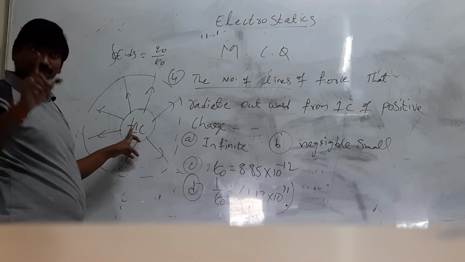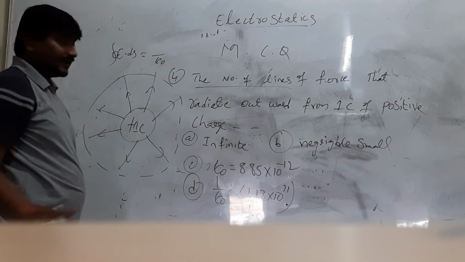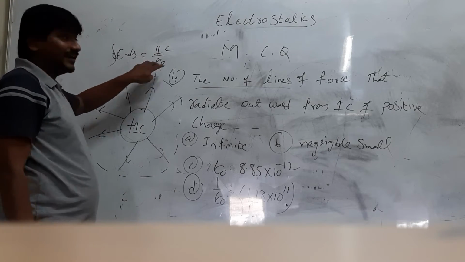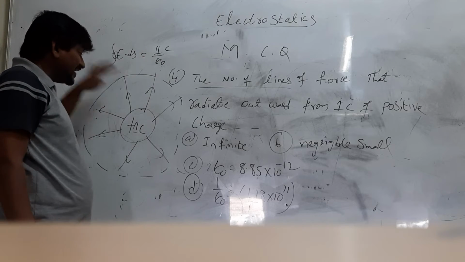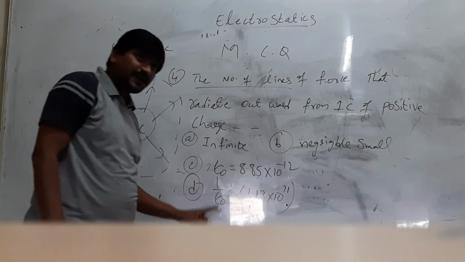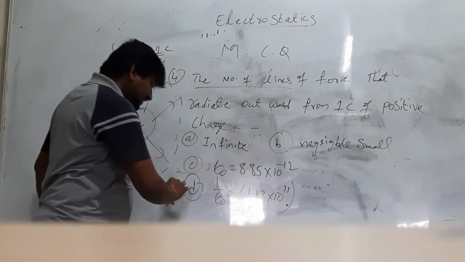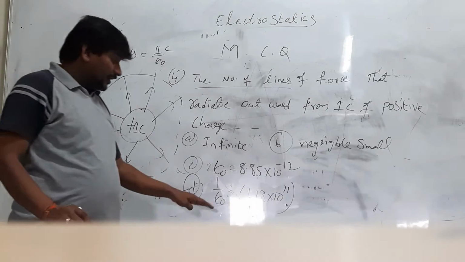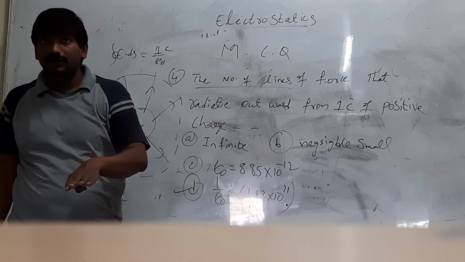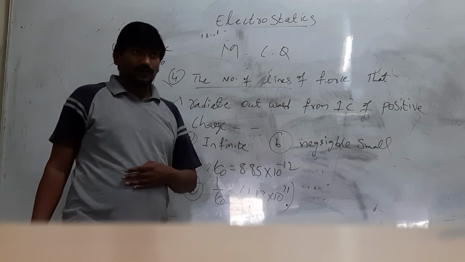Here a charge of 1 coulomb is enclosed, so I take q as 1 coulomb, giving 1 coulomb by epsilon naught. This amount is emanating out from the 1 coulomb of charge, and that is our answer. Since they have given 1 by epsilon naught, we can find it directly if we know Gauss law. But if they have given the options in terms of numbers, we will be in trouble if we don't know the value of epsilon naught.